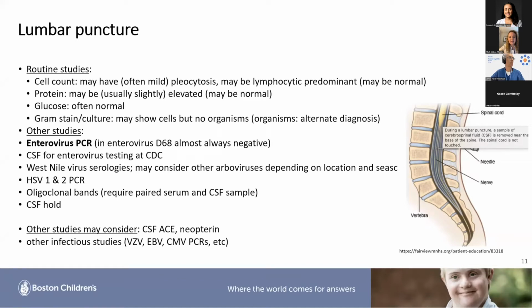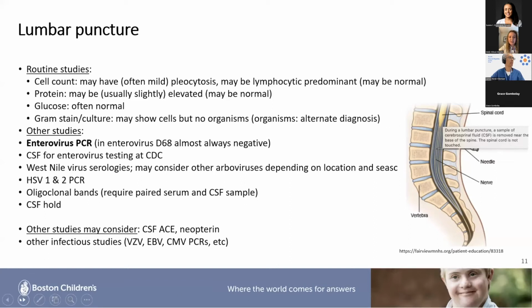And oftentimes you have a mild pleocytosis that can be a lymphocytic pleocytosis, though in some cases your cell count may be normal. In many cases you have a slightly elevated protein, but again can be normal. Glucose is typically normal. The Gram stain may show some cells, but should not show organisms. Organisms would be consistent with an alternate diagnosis.